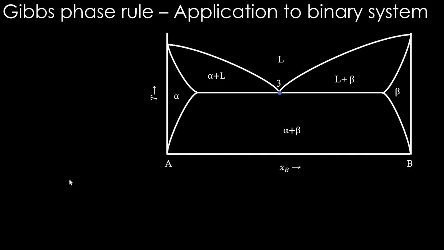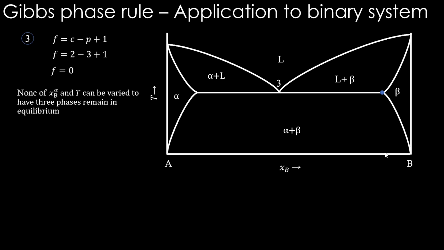So, in a three phase equilibrium, now this eutectic line we are choosing from left to right, we will have three phases in equilibrium for all these overall compositions. More importantly, we have these three compositions. Alpha composition should be this, liquid composition should be this, and beta composition should be this. Okay. So, if we apply the Gibbs phase rule for three phases in a two component system, we will get degrees of freedom 0. What does it mean?